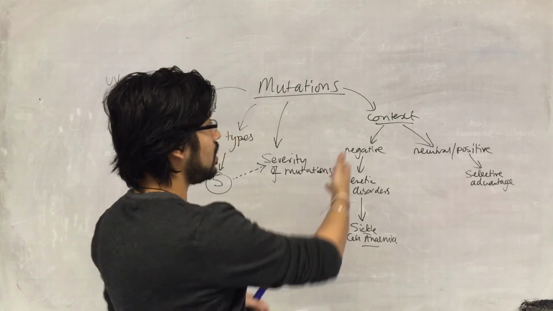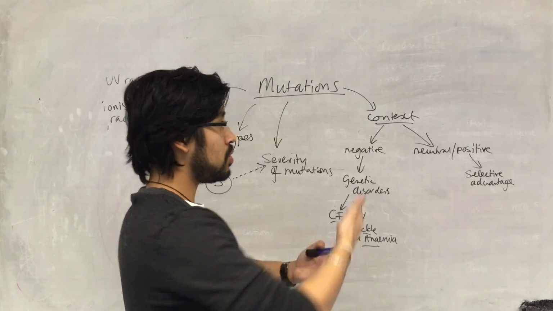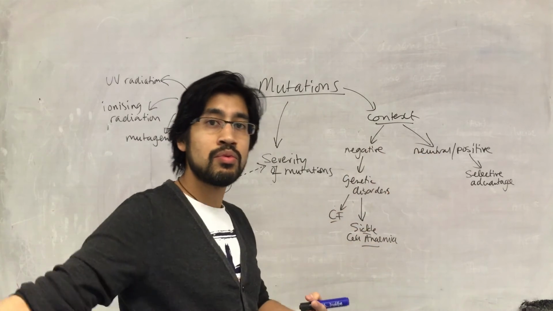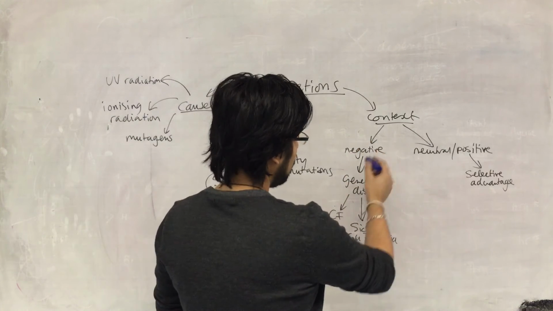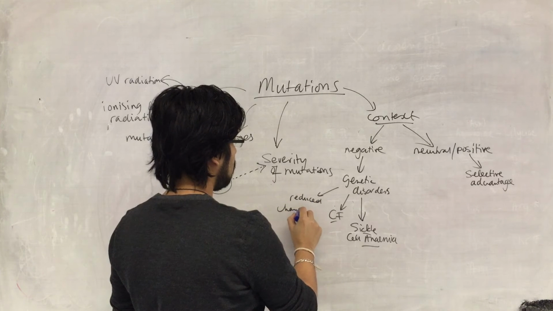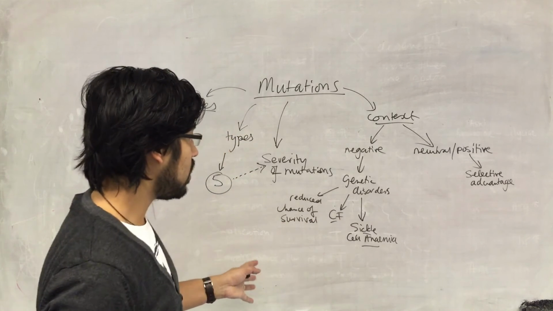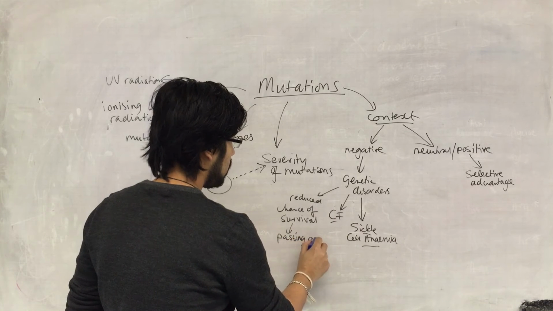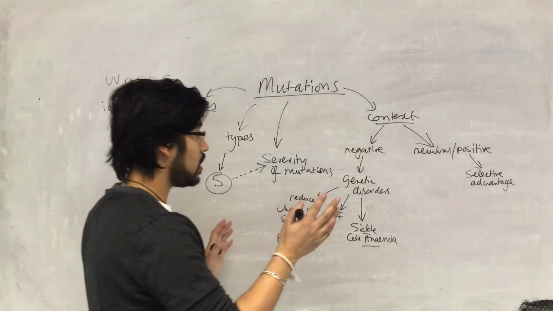Okay, so that means that whenever a mutation is negative, it means that the person who bears that mutation has a reduced chance of survival compared to the other members of the population. And this is really important. Okay, so yeah, I guess we could put here reduced chance of survival, and remember, passing on genes. Okay, right.